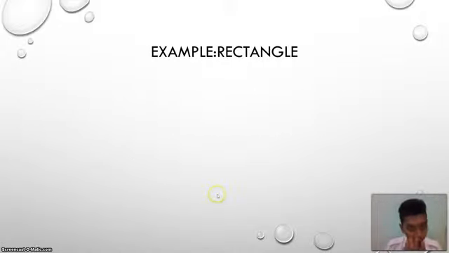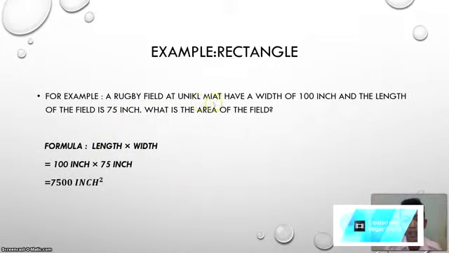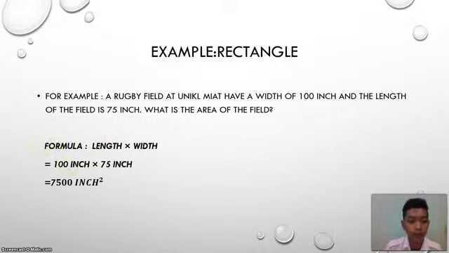For example, a rugby field at UniKL MIAT has a width of 100 inch and the length of the field is 75 inch. What is the area of the field? First thing, we must know the formula. The formula of a rectangle is length times width.